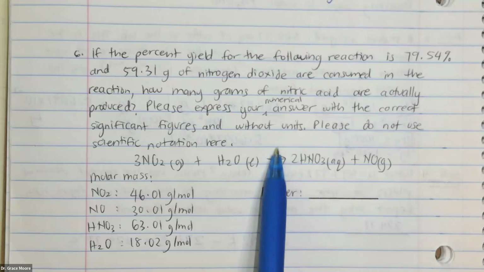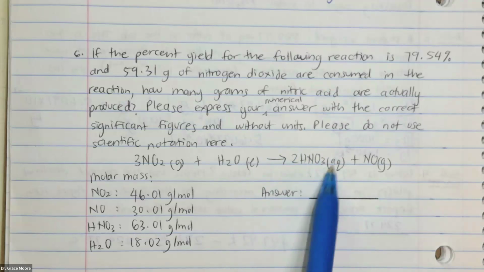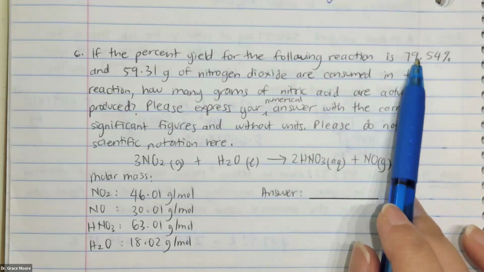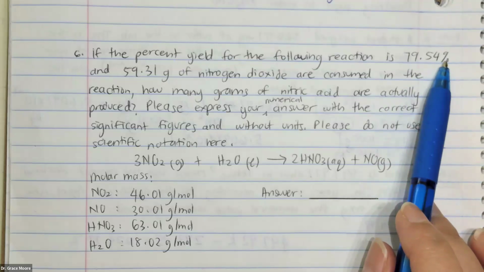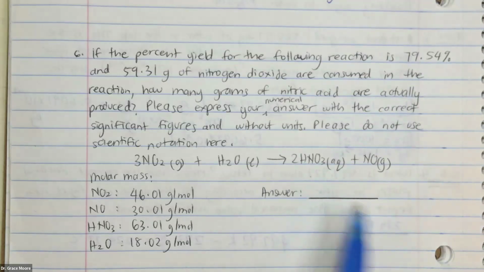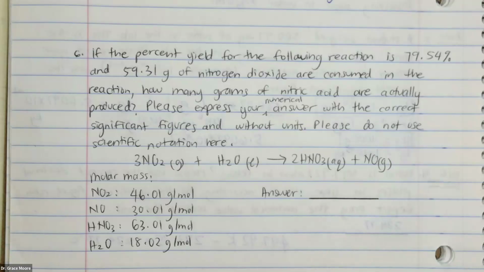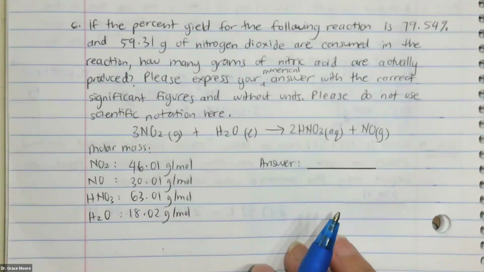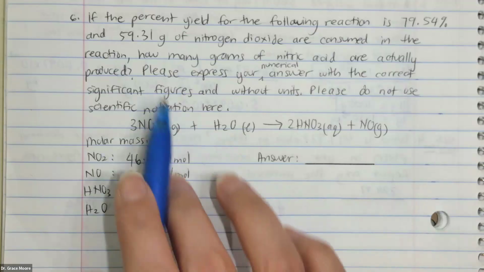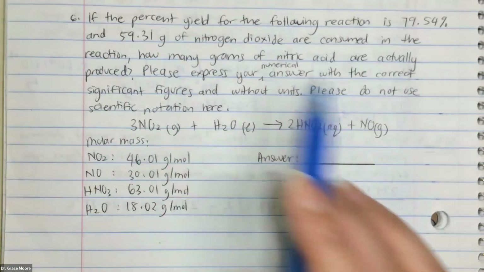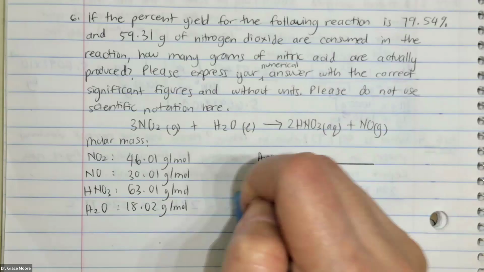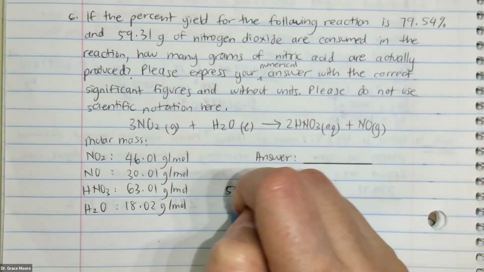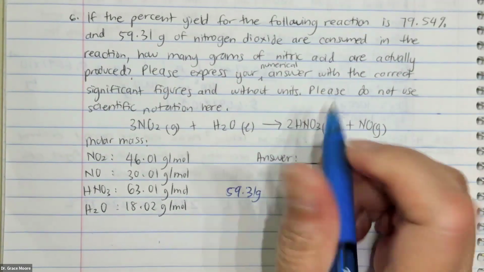So once you get your answer for grams of nitric acid, you take 79.54% of that number to get the final answer down here. Okay, so we start with the fact that you have 59.31 grams of your reactant. I'll write that down: 59.31 grams of NO2.